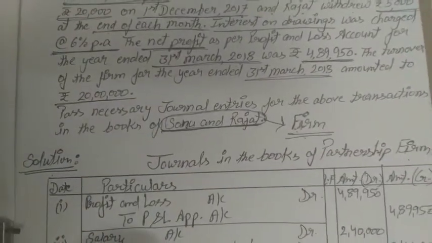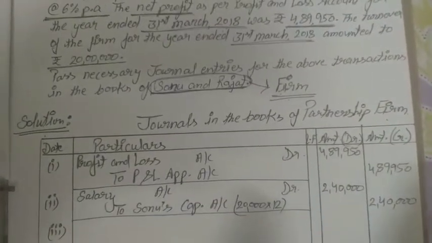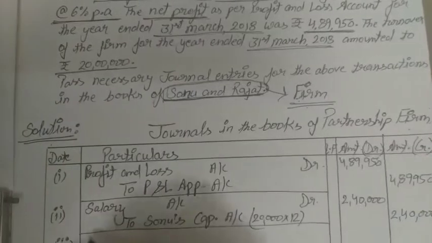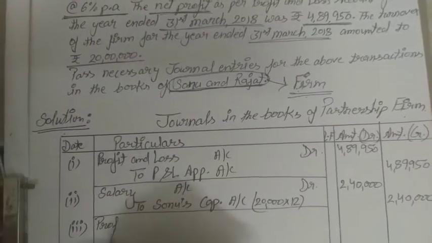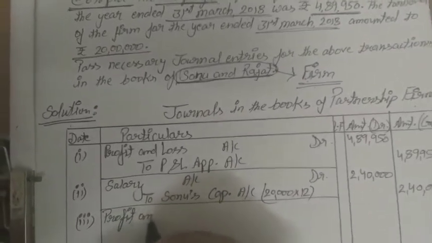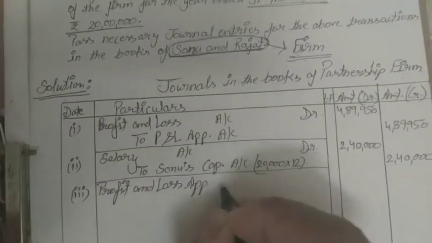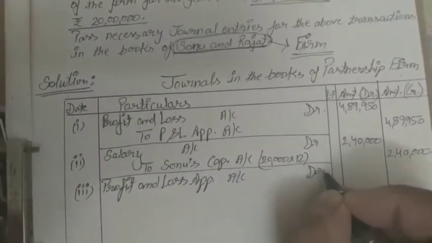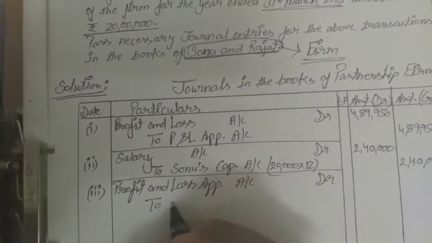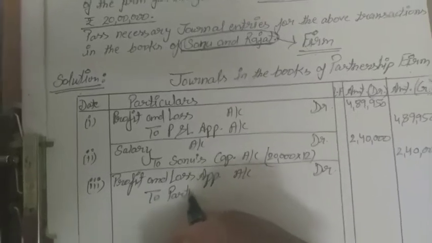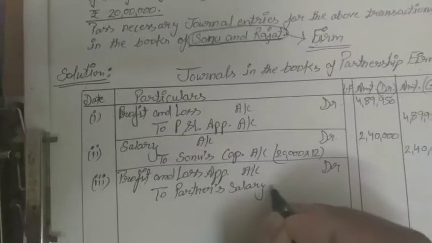Now this salary will also transfer to which account? Profit and loss appropriation account. Profit and loss appropriation account debit to partner's salary account.